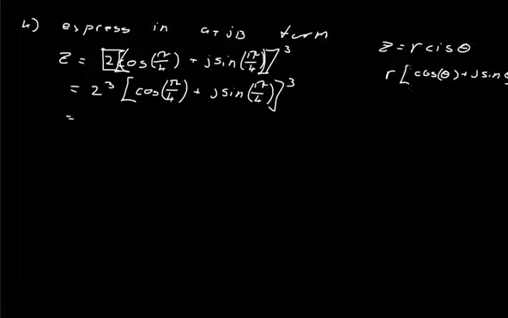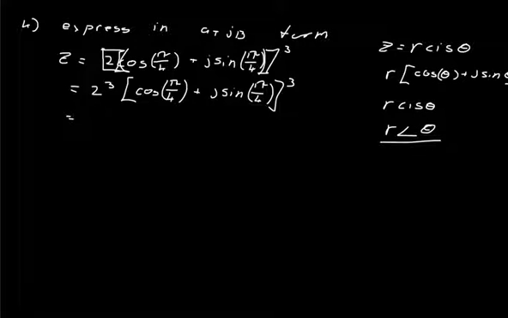So there's nothing to worry about. And remember that writing R cis theta is the same as writing R angle theta. Okay, so we're going to express it like that in polar form.